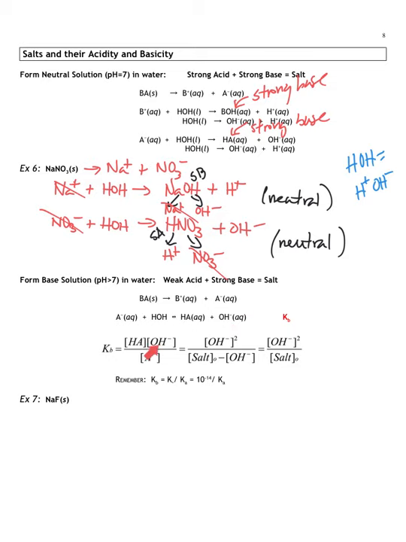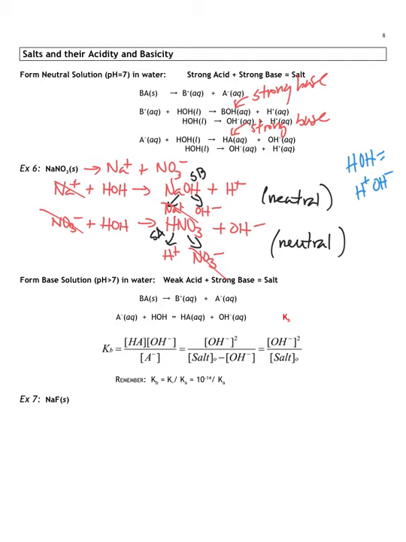And that weak acid doesn't ionize, so the anion isn't going to cancel out. That's why there's a Kb for this. This is a Kb reaction. Remember that Kb can be found by taking Kw divided by Ka of that acid, okay?